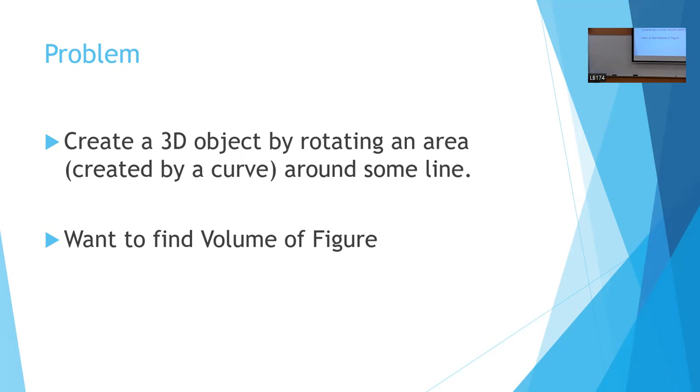So we're going to create a three-dimensional object by rotating an area around some line. If you rotate it around a line, then you've made a figure in 3 dimensions, and I'm going to find the volume of that figure that I've made.